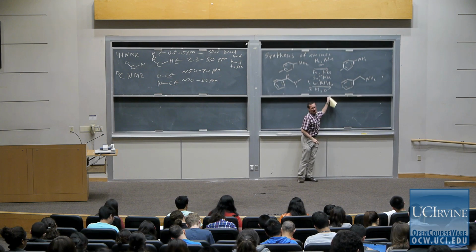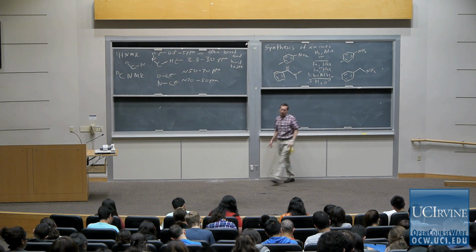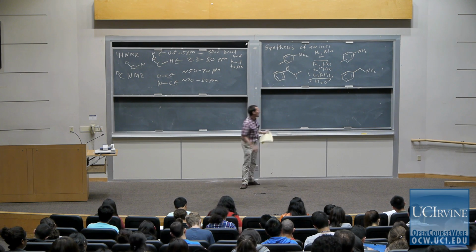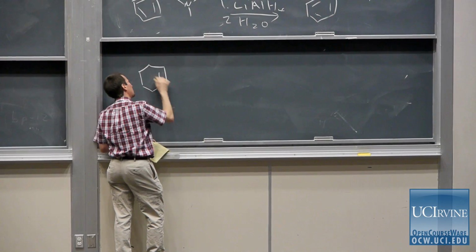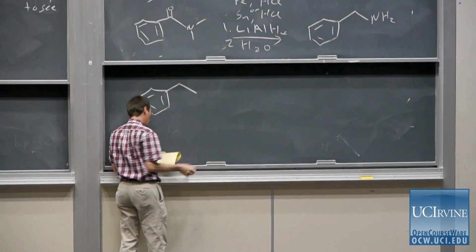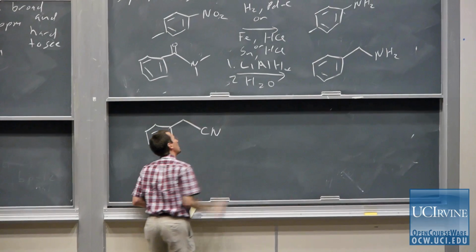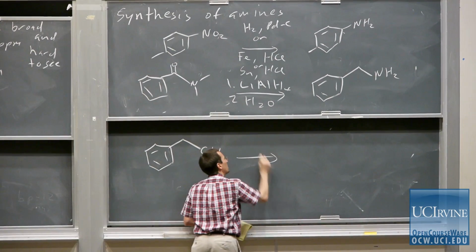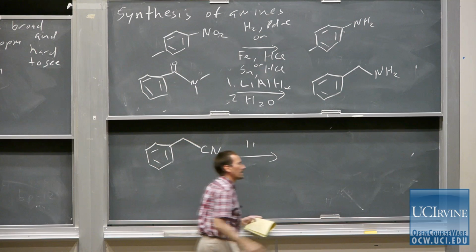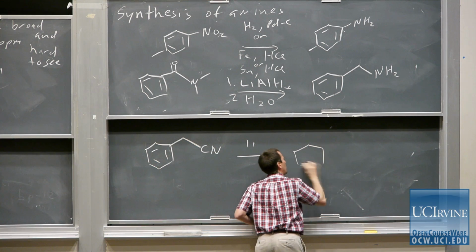Lithium aluminum hydride reduces just about everything except carbon-carbon bonds in general. And so nitriles also get blasted down to amines. So if I take, say, benzonitrile and subject it to the same conditions, I'll just write a ditto mark here, you get phenylethylamine.